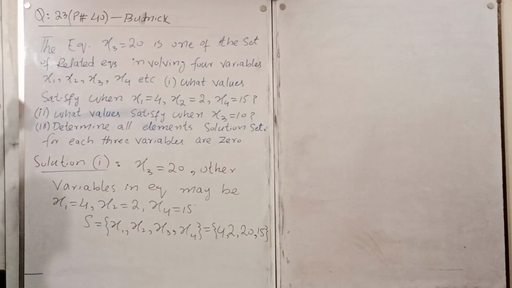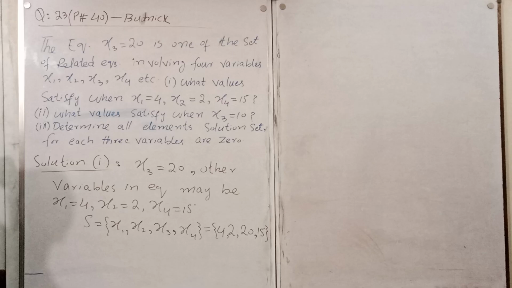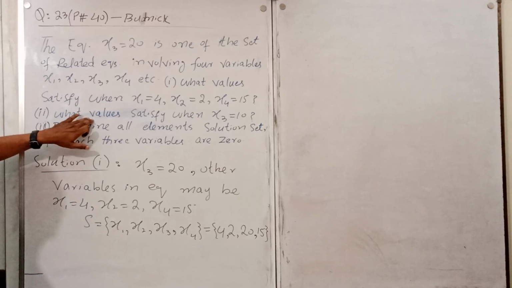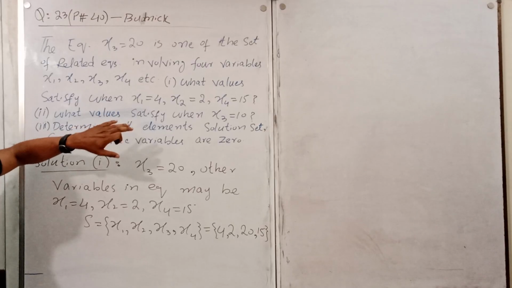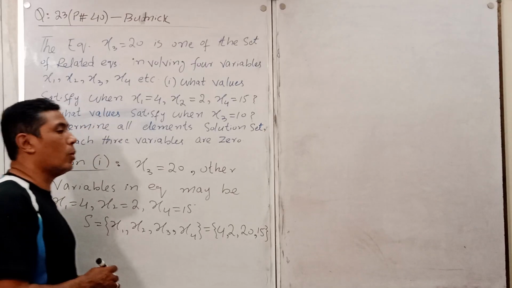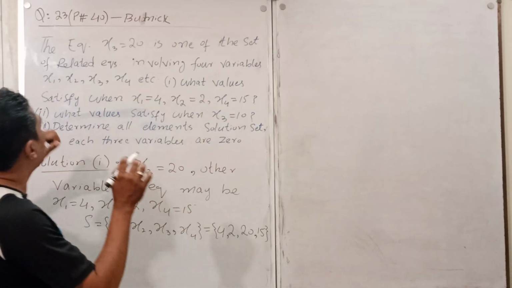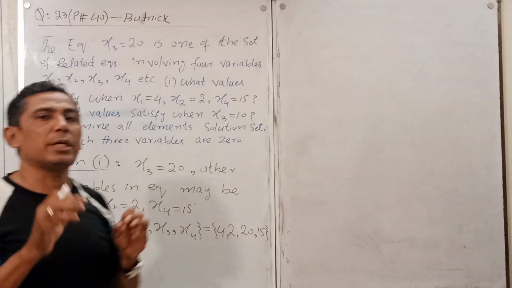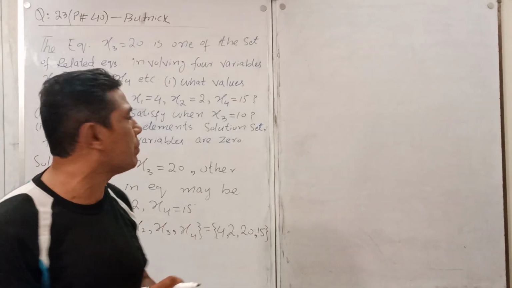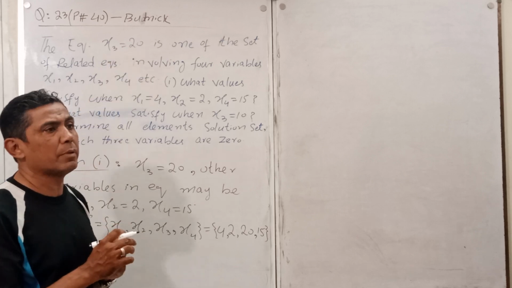Now part 2. What is he asking? He is asking what values satisfy when x3 equal to 10. First of all, what is our given condition here? The given condition is x3 equal to 20.